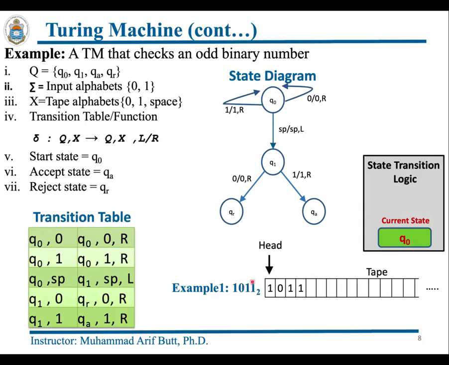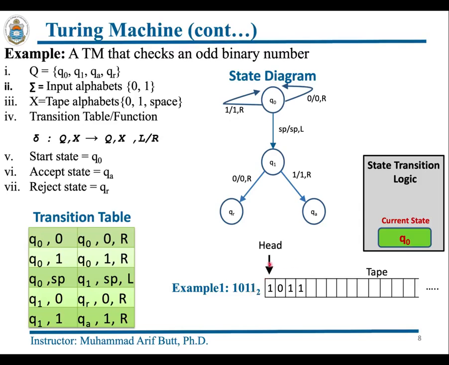If this is an odd number, this Turing machine should finally reach QA, and if this is an even number, this Turing machine will finally reach QR. And it is very simple to understand that since the least significant bit is 1, this is an odd number.